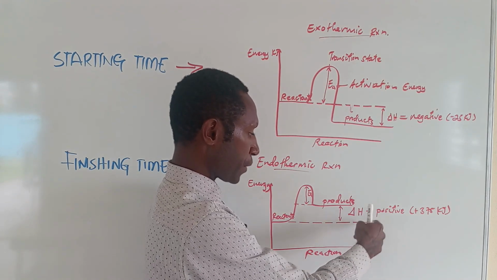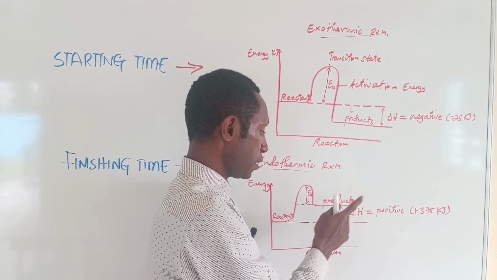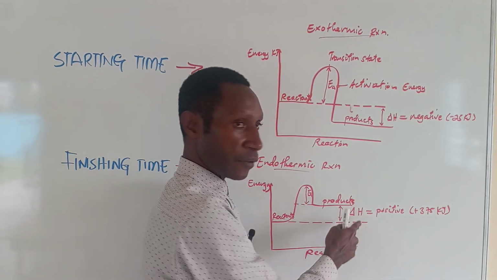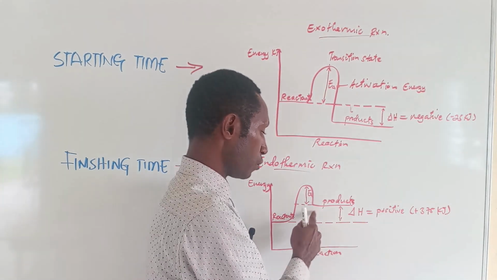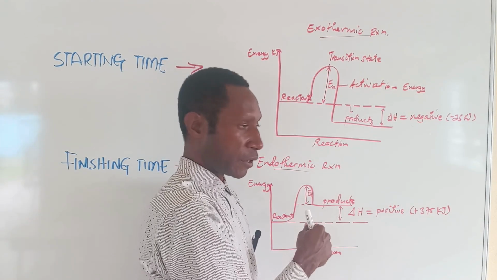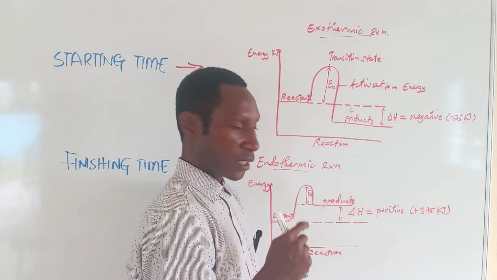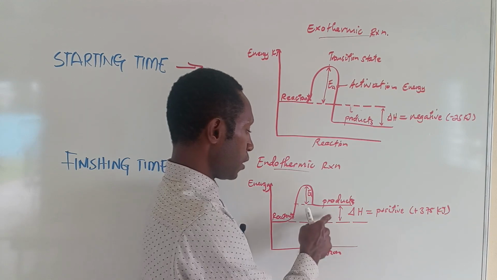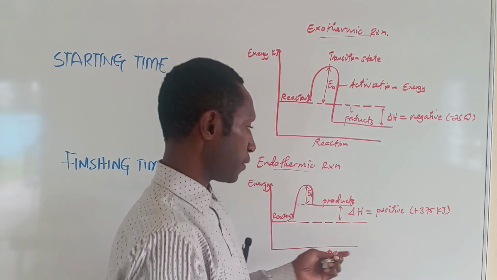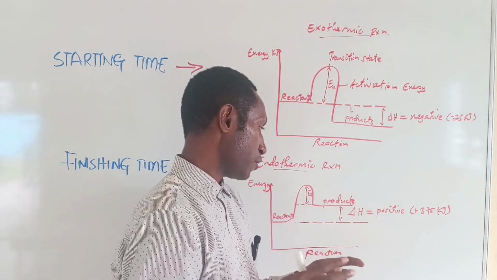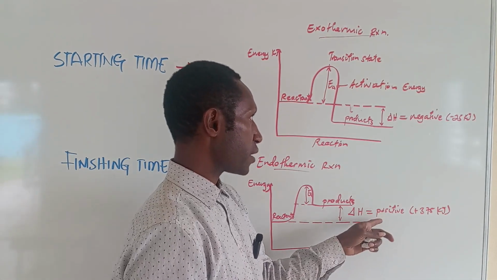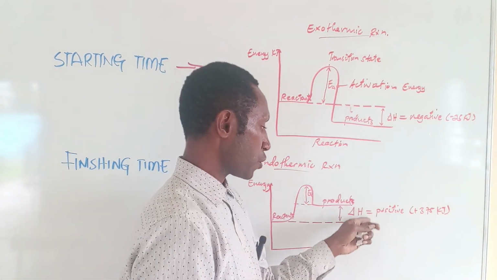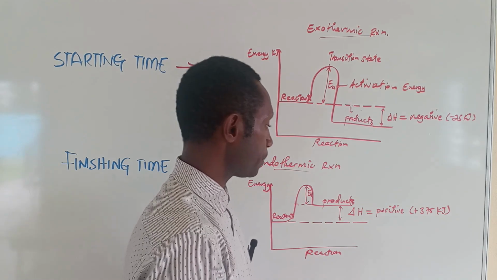So when you are given a chemical reaction with the enthalpy given, you have to draw this one. If you are asked to draw the energy profile, that's one way the examiners set it. So those are the two simple things you can use: if it is negative, it's exothermic; if it is positive, it's endothermic.